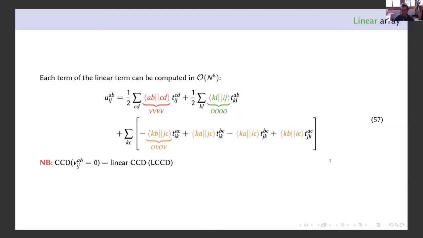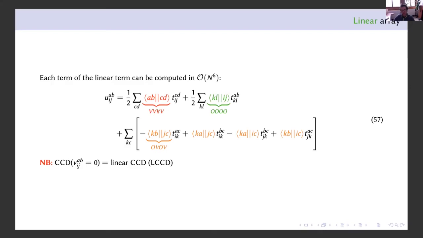Now let's have a look at the linear array. This linear array is just given by a bunch of two-electron integrals times the amplitude. You can check that it only involves linear amplitudes, so it's not the product of two amplitudes. You have different sets of two-electron integrals.